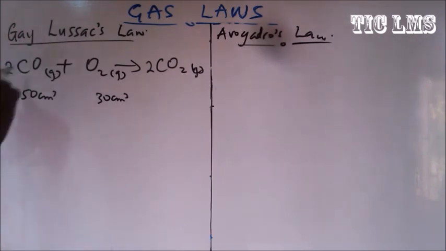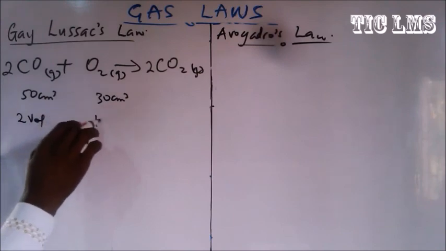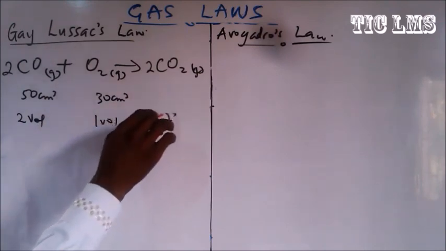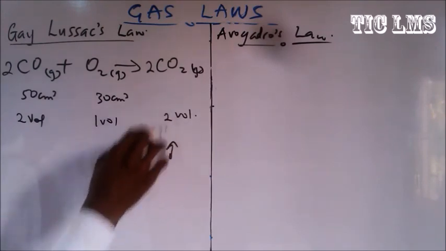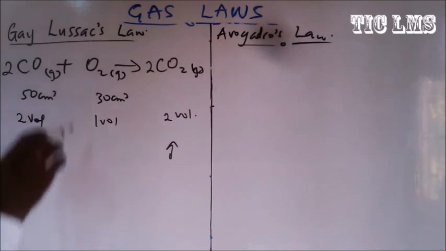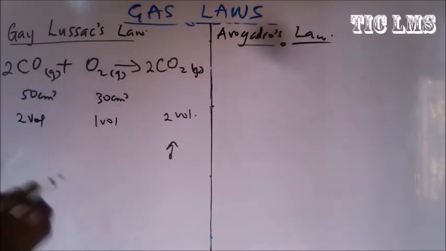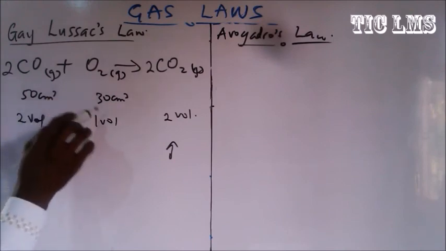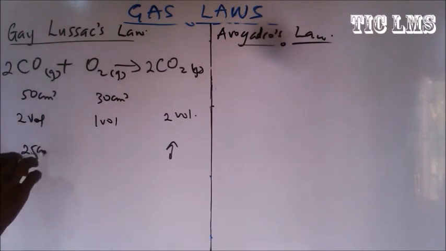Now here we have 2 volumes of CO, we have 1 volume of oxygen, and we have 2 volumes of CO2. And the resulting gas is this, so we have to find the volume of the resulting gas. Now we consider that 1 volume of oxygen here is 30 cm cubed, and 1 volume of CO over here is 25 cm cubed.